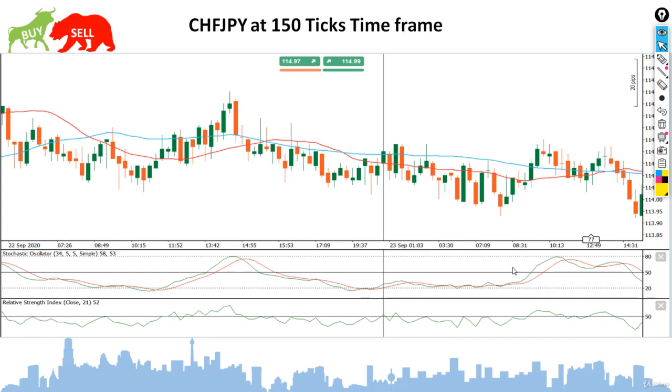And here we have the cross pair CHF JPY at the 150 ticks time frame. I'm using this time frame for opening a position because it optimizes your entry. As we can see here, CHF JPY is not a very liquid market, and it's also very choppy.